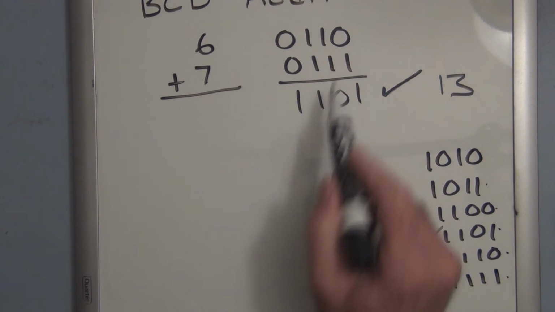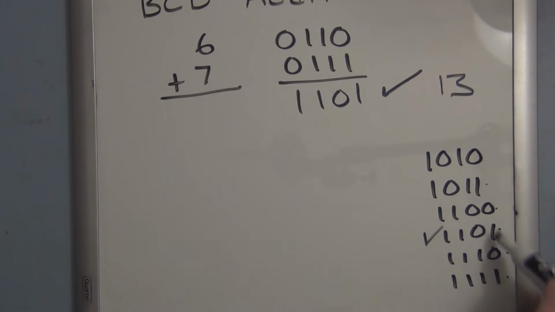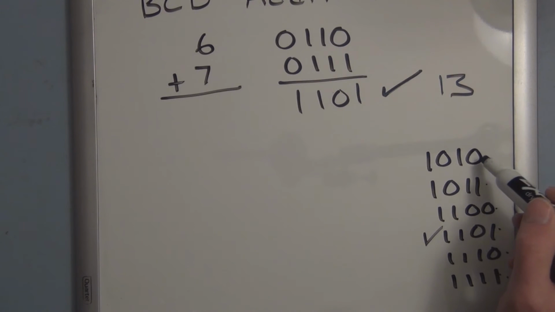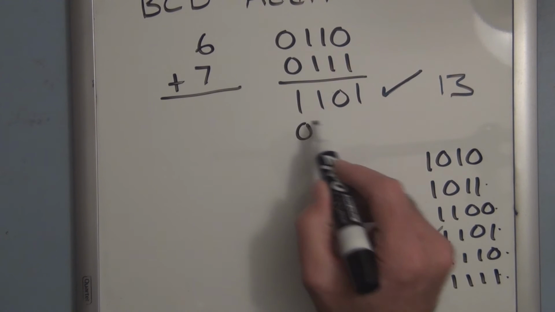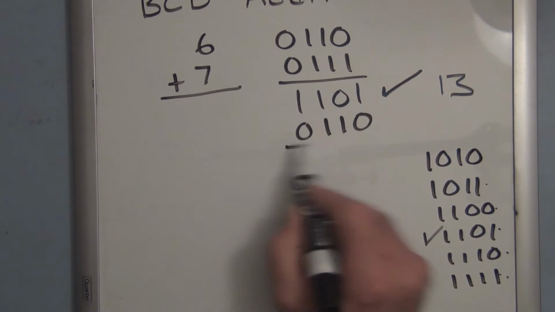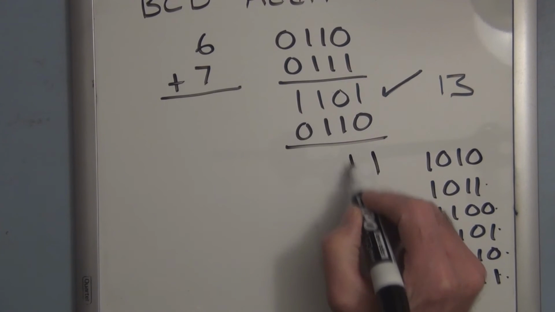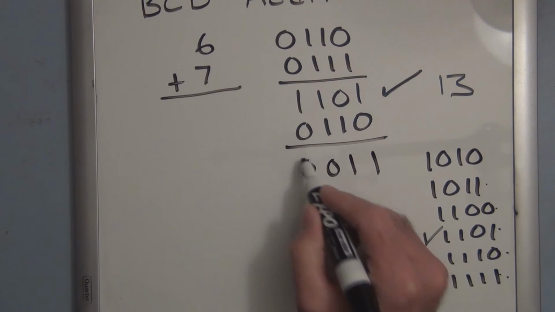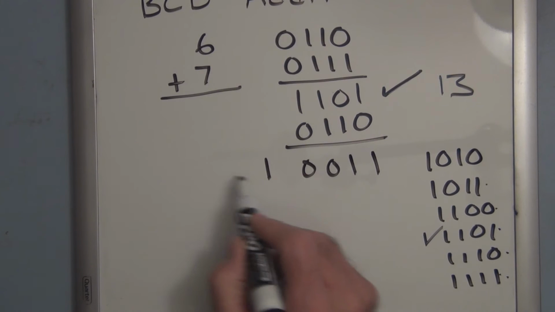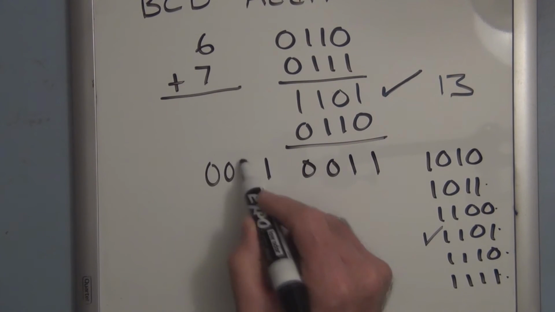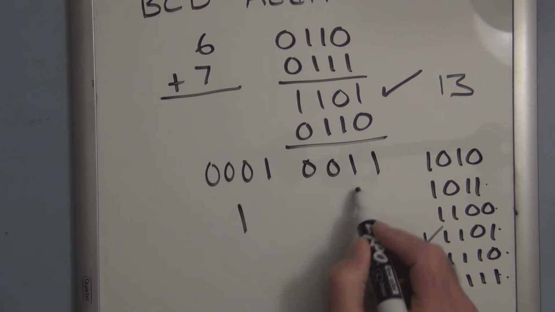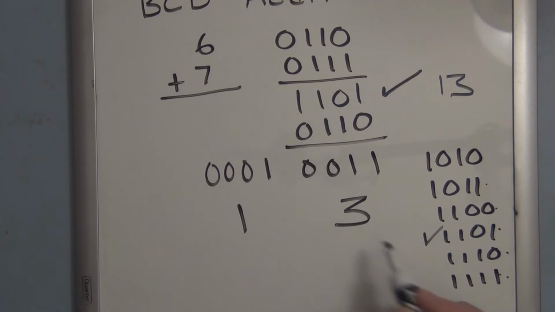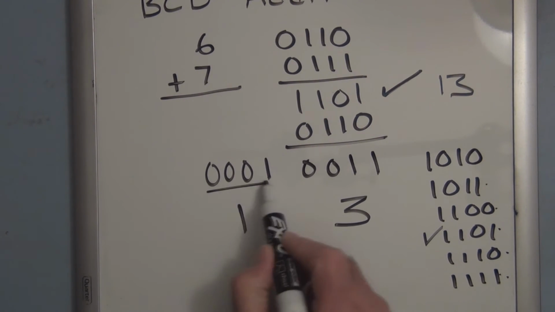So we have to add 6 to account for the 6 4-bit code groups that are not allowed. If we add 0110 to this, we get 0001 0011. Remember, we have to account for 4-bit code groups. So here we have 1, and this here is 3. So here we have 13 in BCD.